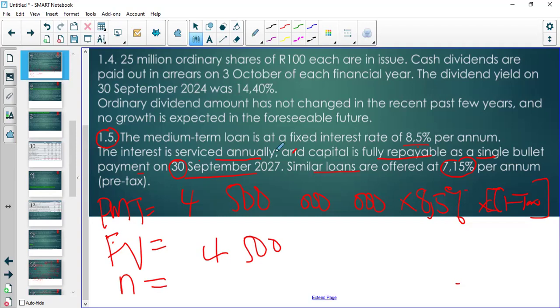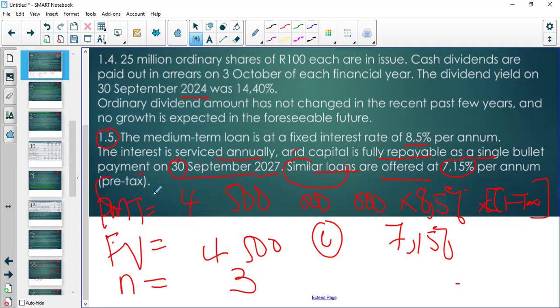I don't know which year we are in. Is it 2024? All right, maybe it's 2024. From 2024 to 2027, my N is going to be equal to 3. Then the cost of the loan is going to be equal to 7.15%, for similar loans in the market, because the cost is in the market.